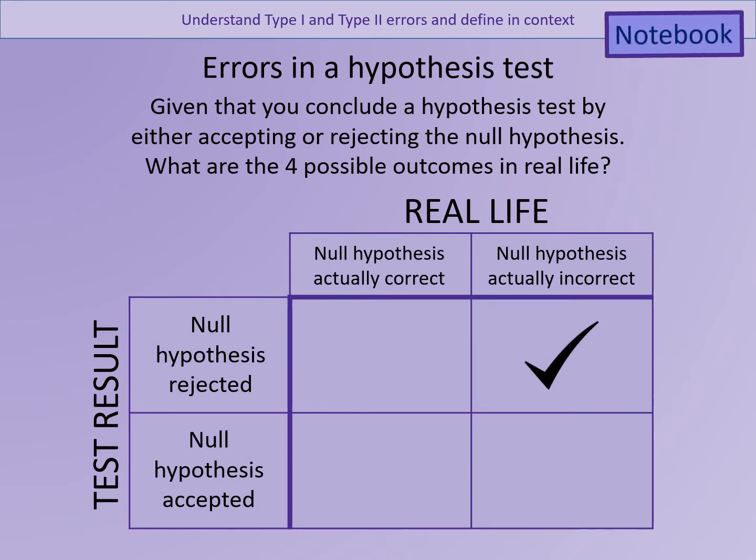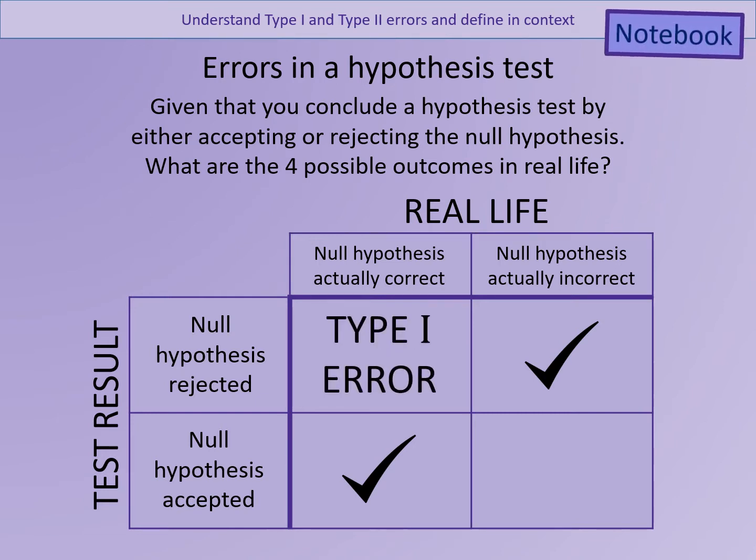So this scenario involves the test being correct, as the null hypothesis was incorrect and the test rejected it. And in this situation, we have the null hypothesis was actually correct, and in the test it was accepted. The other 2 situations are errors in the test.